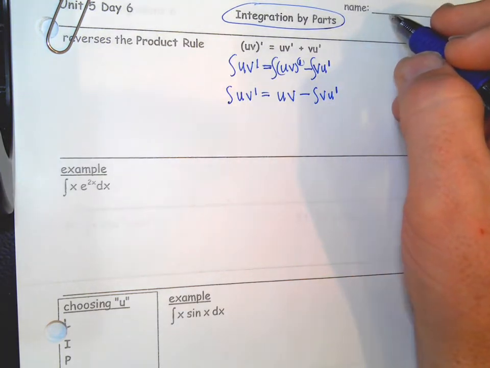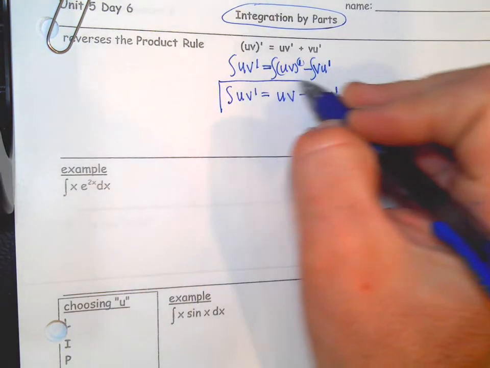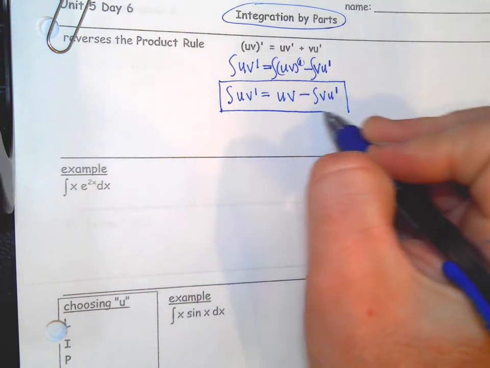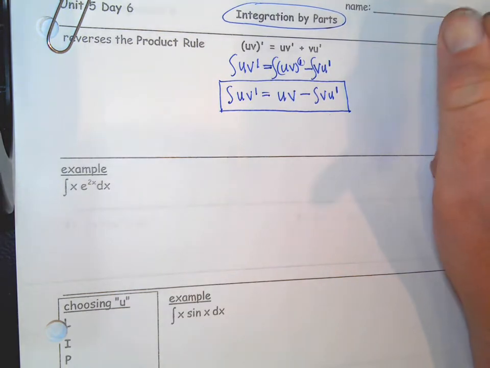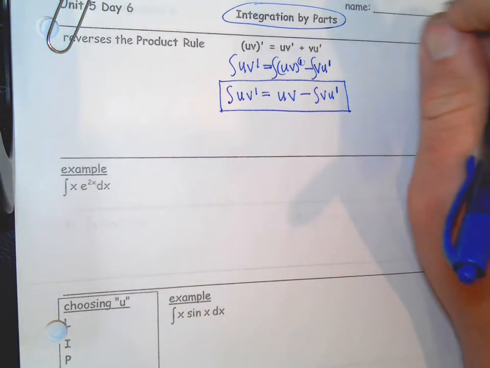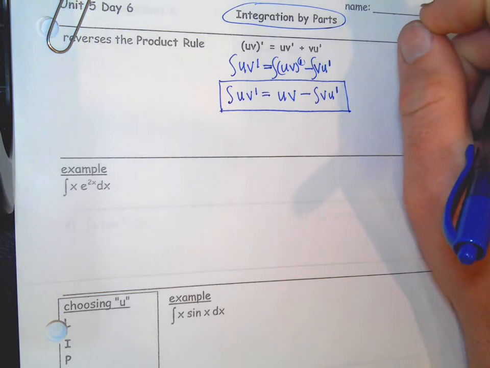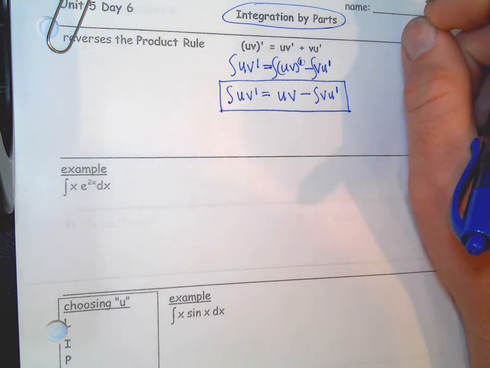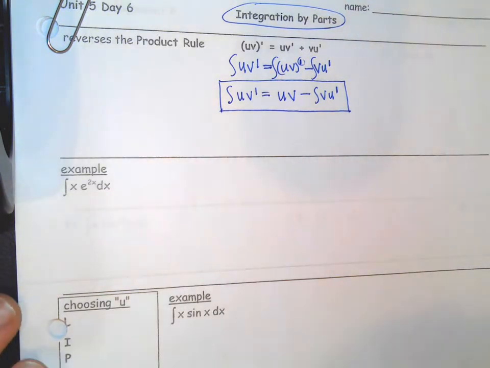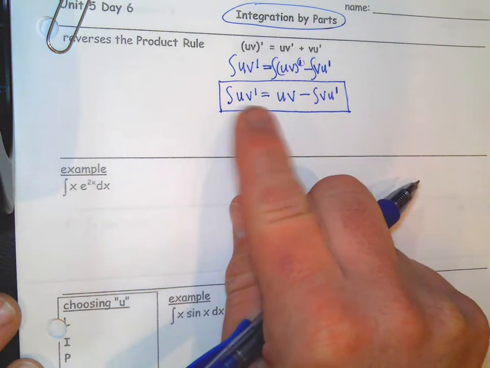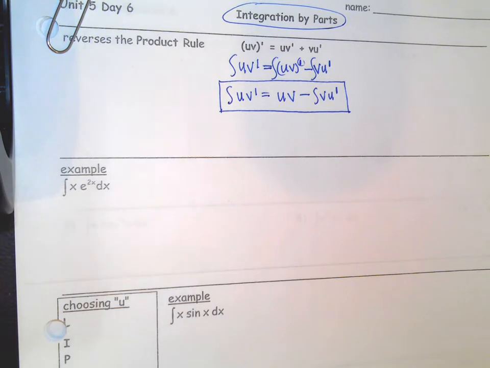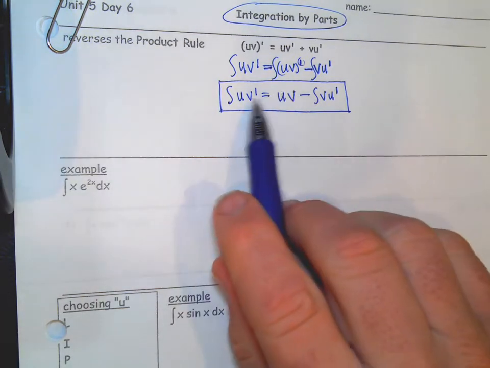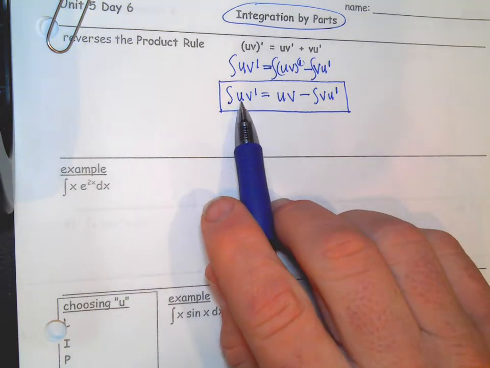So this is the rule. I'm going to show you how it gets used. You're probably not going to memorize it with the letters so much as just the pattern. We've got to try and see a pattern here. This rule is going to be applied when you have two things, usually multiplying each other, and one of them you designate as the derivative of something and the other one not.